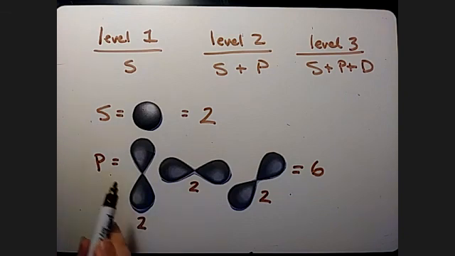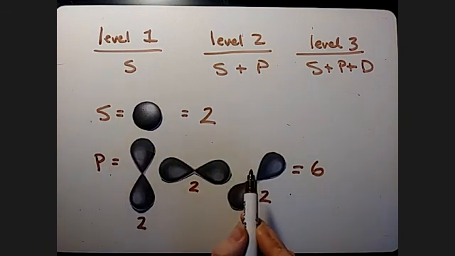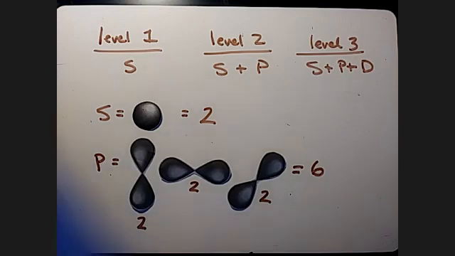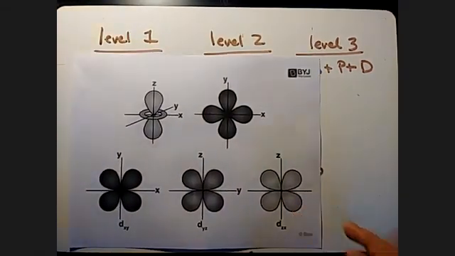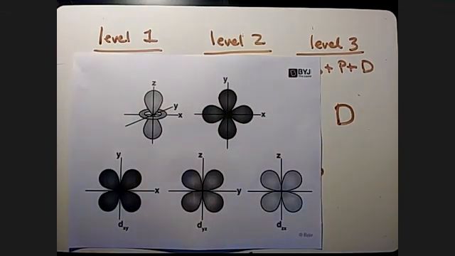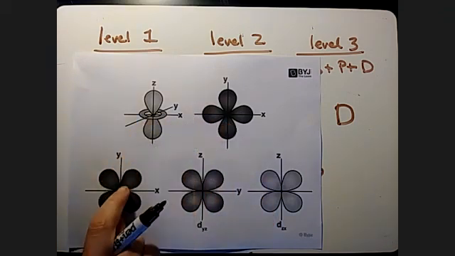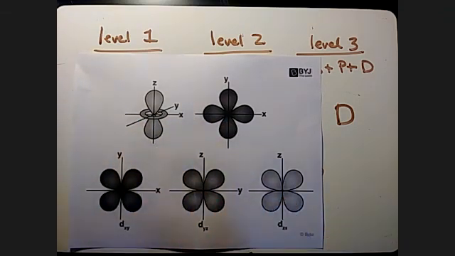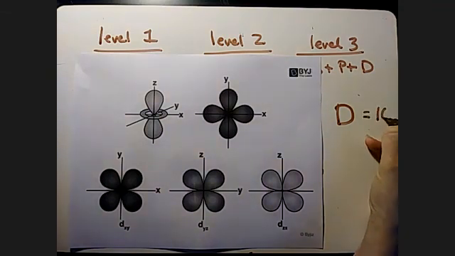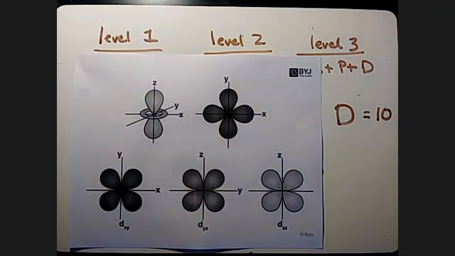So the whole P system, all 3 of these P shapes together, can hold 6 electrons. Then we'll have the last one, the crazy D shape. Now again, each one of these can hold 2. So that's 2, 2, 2, 2, and 2, for a total of 10. So S holds 2, P holds 6, D holds 10.